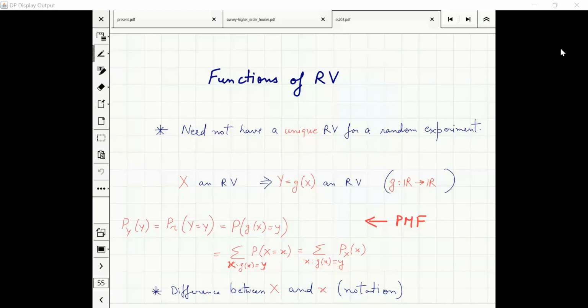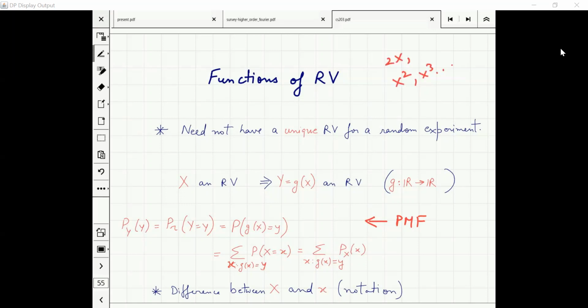In particular, if x is a random variable, then any function of x from R to R is also a random variable. For example, if x is a random variable, 2x is a random variable, x square is a random variable, x cube is a random variable, etc. And then we can actually easily calculate the probability mass function of the new random variable.